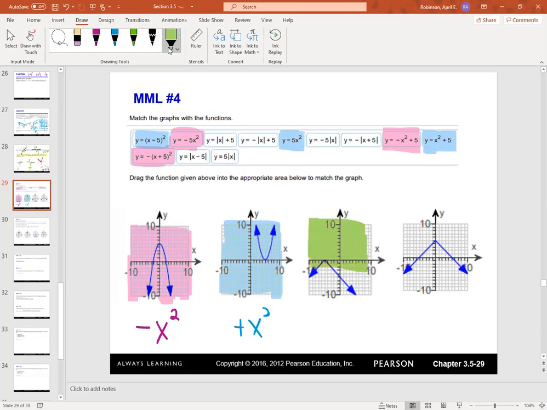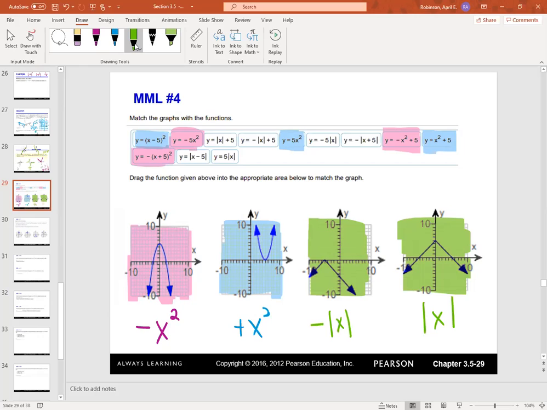This guy and this guy, these are both absolute values and they're upside down. So their absolute value of x is with a negative on the outside. Remember, anything that flips vertically around the x-axis has a negative on the outside.